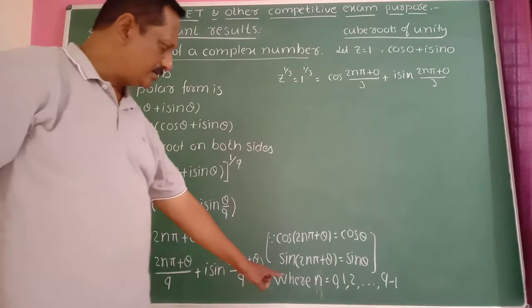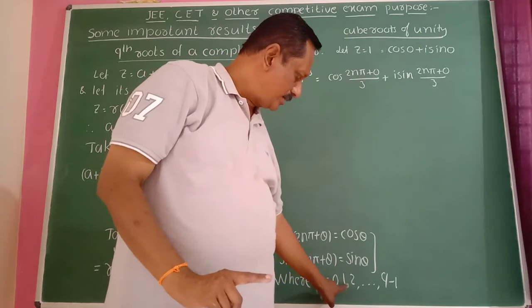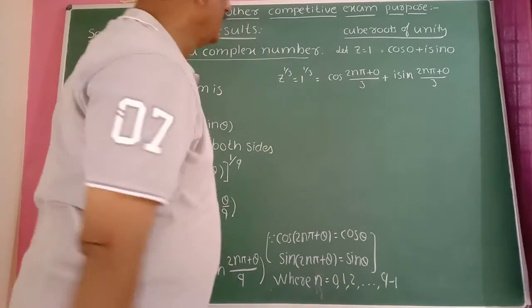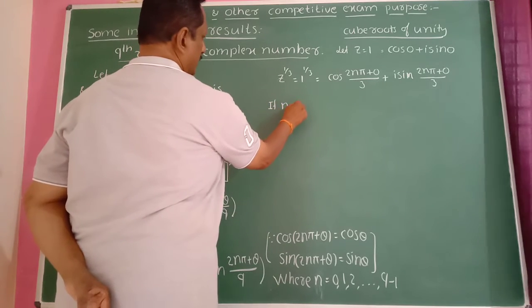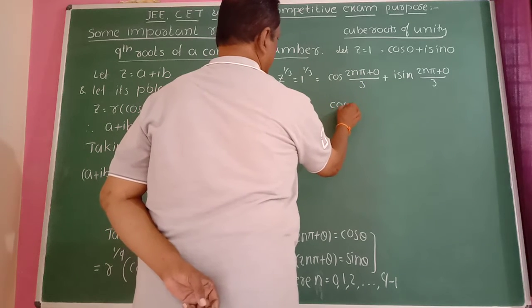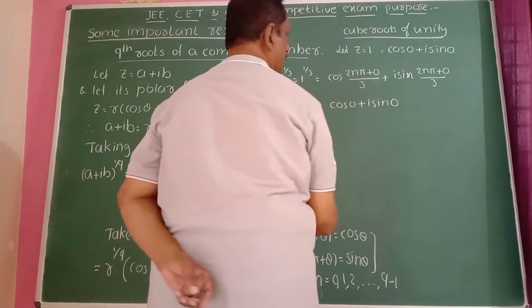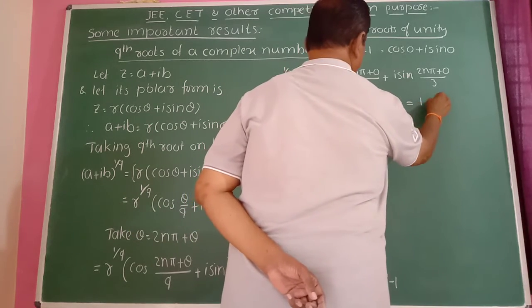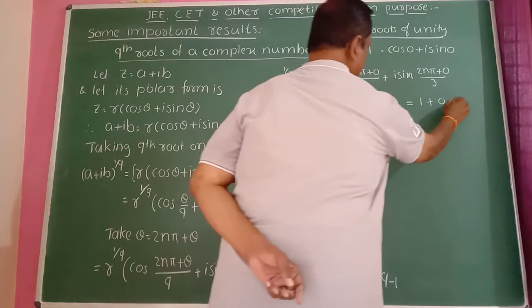And according to this result, cube root has 3 roots here, therefore take 0, 1 and 2. Only 3 values here. If n is equal to 0, substitute here, we get cos 0 plus i sin 0. Cos 0 value is 1 and sin 0 value is 0. So this is equal to 1 here.